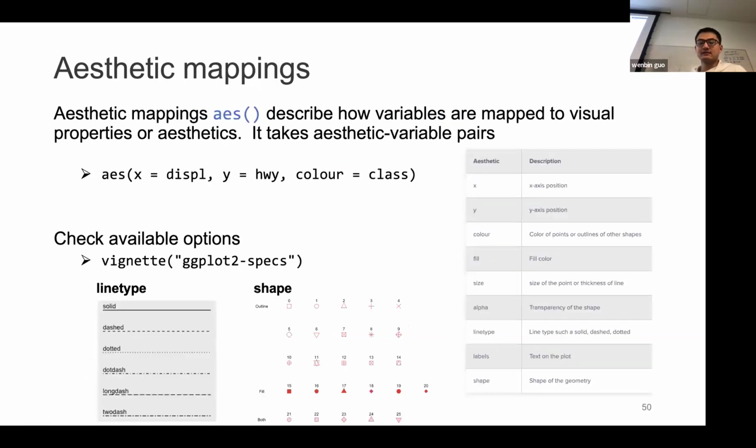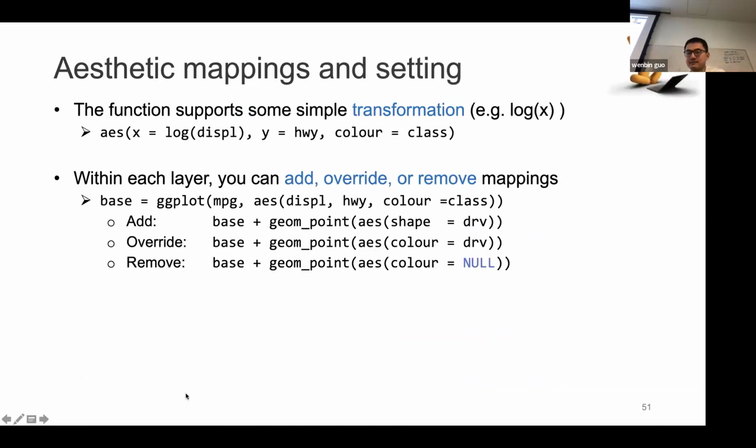Besides this direct setting, aesthetic mapping also supports some simple transformations. For example, if you want to perform a log transformation, you can simply specify the transformation function with your variable name, directly in the aesthetic mappings.